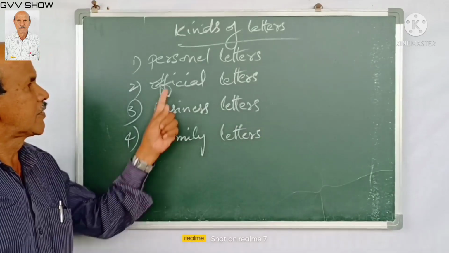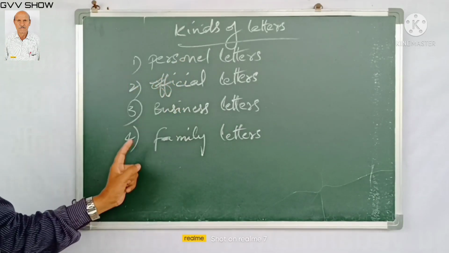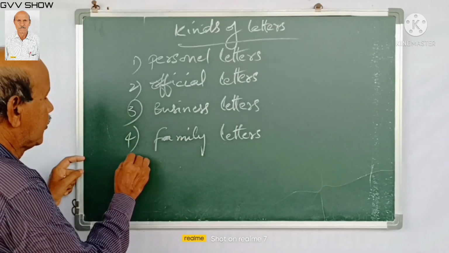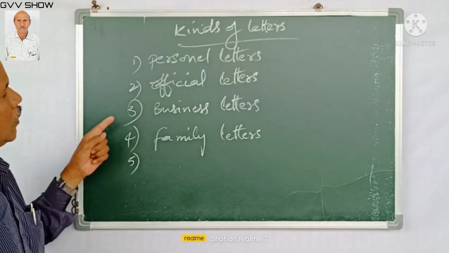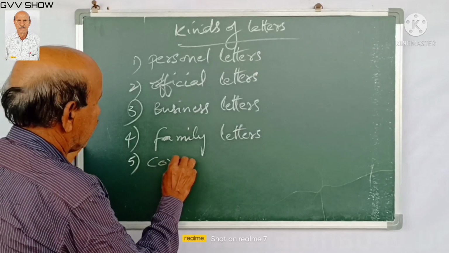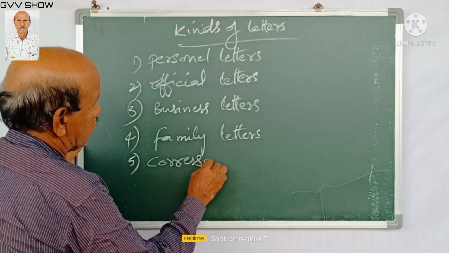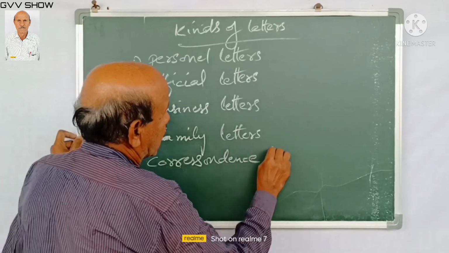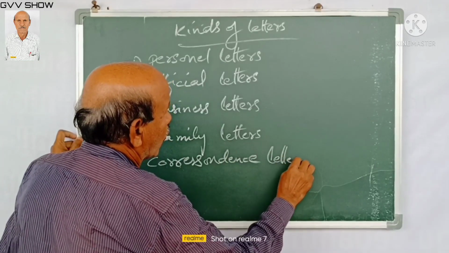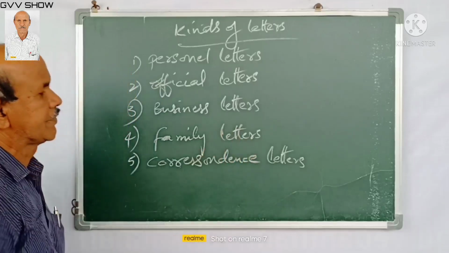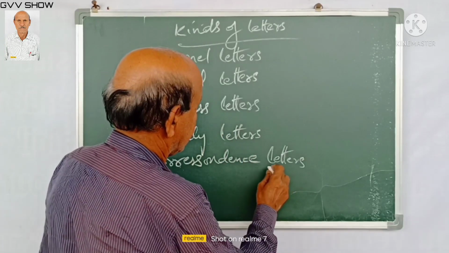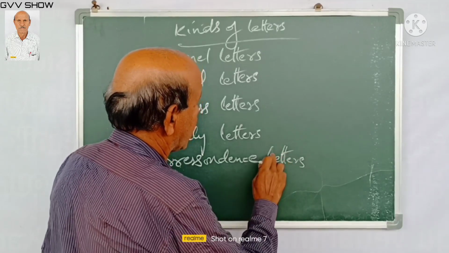Family letters also come under personal letters, but we mention them clearly as letters regarding your parents and your family members. Number five is correspondence letters.